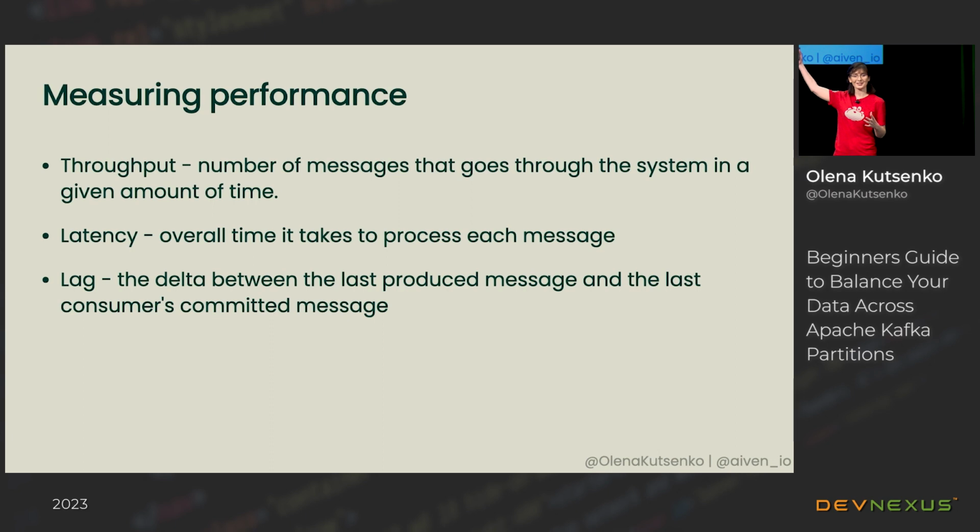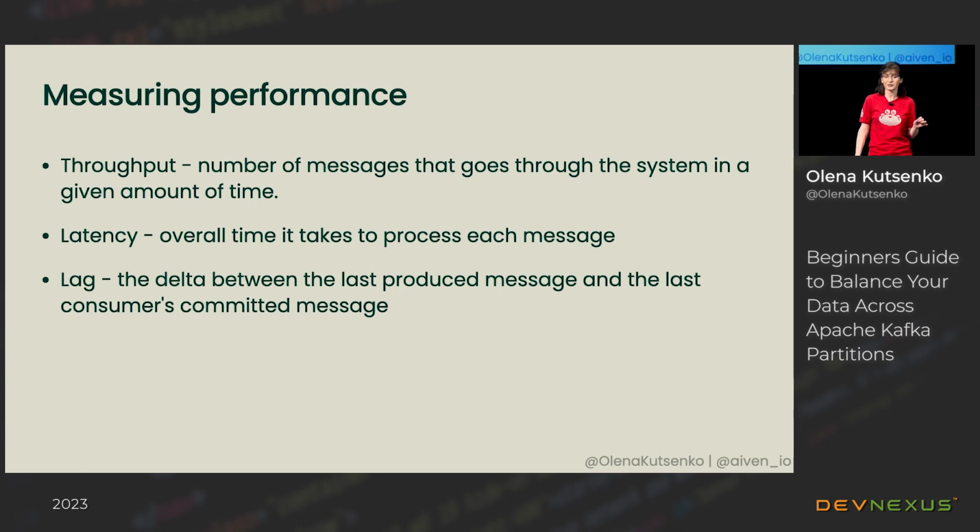The higher, the better. Latency, how much time it takes to process every message or a single message. The lower, the better. Those two, throughput and latency, have a somewhat complex relationship. They are interconnected, and by modifying one, often we will influence the other one, and not always in a good way. And the third metric, which is important, and we will be mentioning that several times, is the lag.